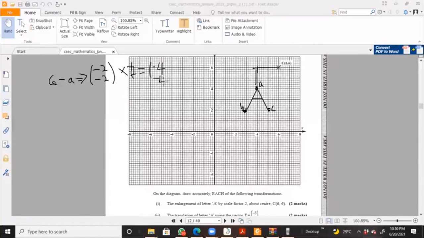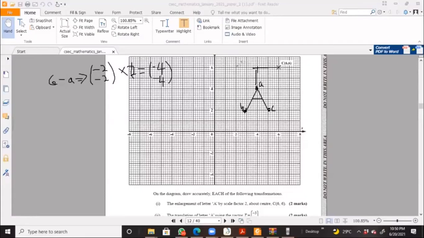So what are we expected to do? We count from the center towards A. Instead of 2 and 2, we are going to count 4 and 4. So we count 0, 1, 2, 3, 4.